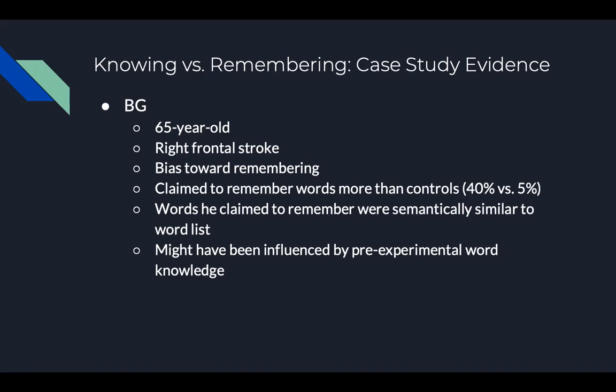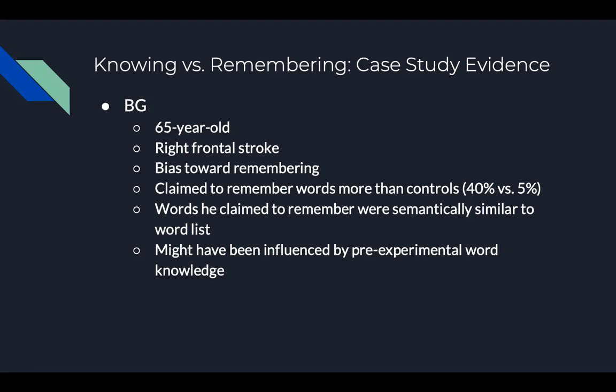So maybe he saw the word rose on the list, and it was connected to his recollection of flower, and he started thinking about his grandma's garden, and maybe his grandma really loved roses, and so he saw the word rose and was like, oh yes, I remember seeing that word. And that was maybe what was driving his incorrect remembrances.